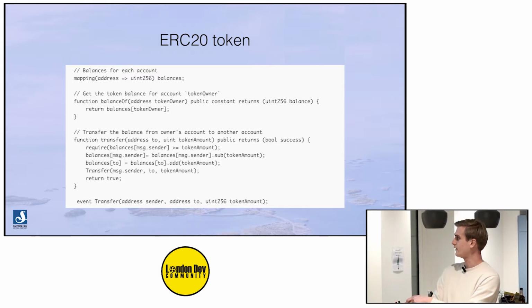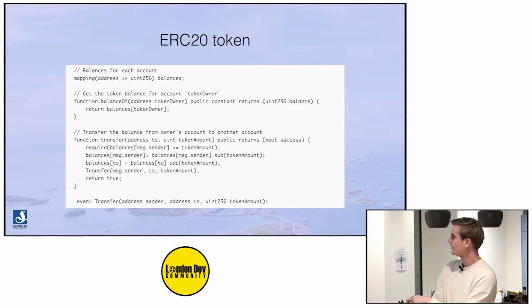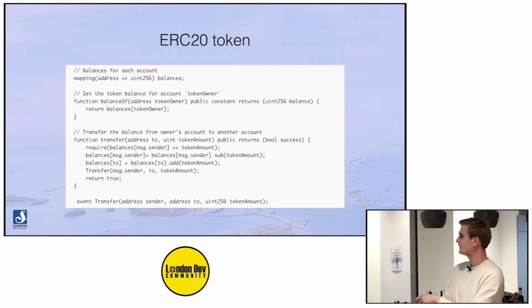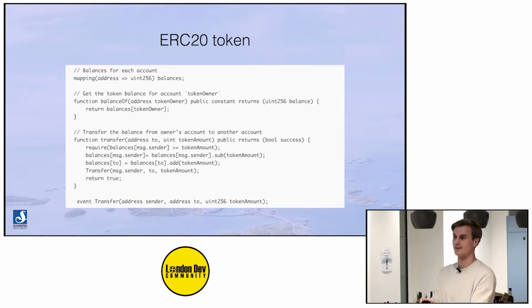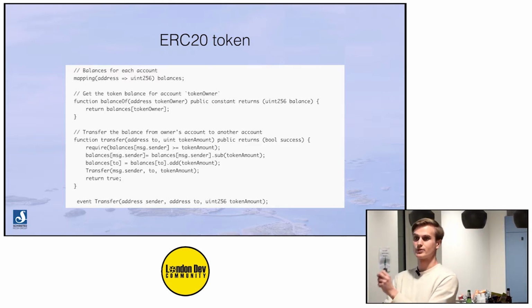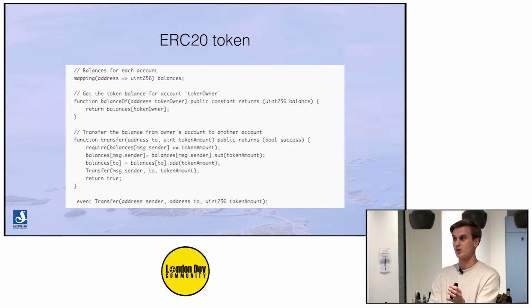The function subtracts that amount from the sender, adds it to the balance of the receiver, triggers an event, and the money is sent. This is essentially how you create and send a token.